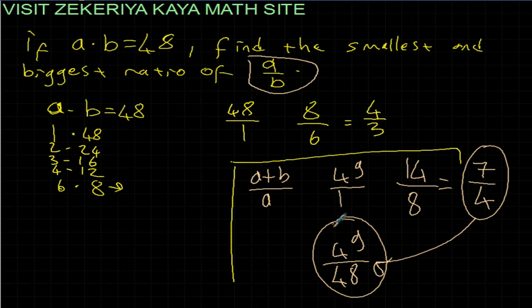Let's take some other questions. Between each following, there are 15 natural numbers.